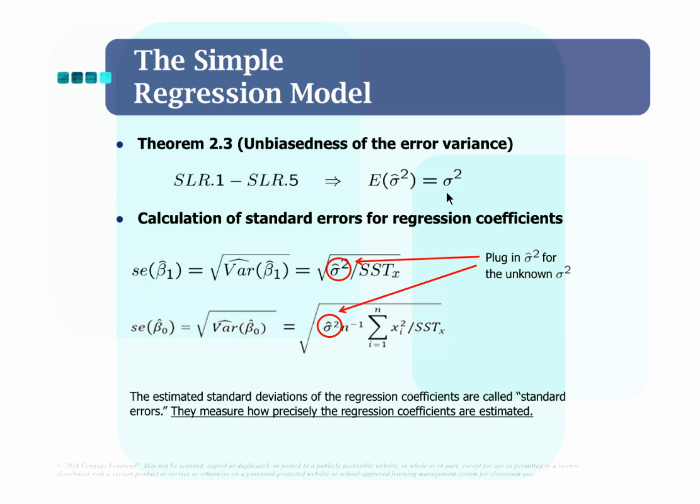So what we do to estimate the variance or the standard deviation of beta 1 hat is simply replace sigma squared with sigma hat squared. By replacing this and taking the square root of this quantity, we get the estimate of the standard deviation of beta 1 hat, and we call it the standard error of beta 1 hat.